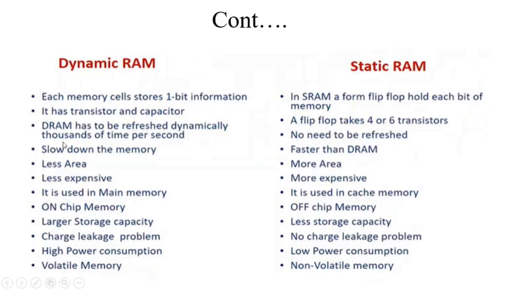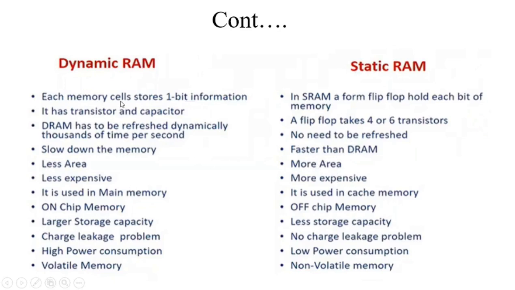Next, dynamic RAM is slower, but static RAM is faster than dynamic RAM. For the stored information, dynamic RAM requires less area, but static RAM requires more area. Dynamic RAM is less expensive, and static RAM is more expensive.